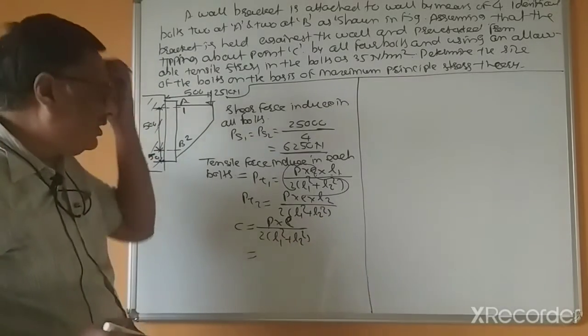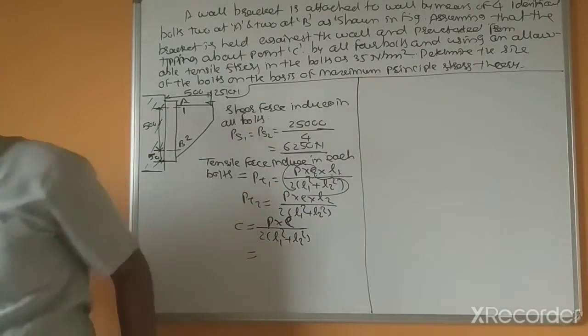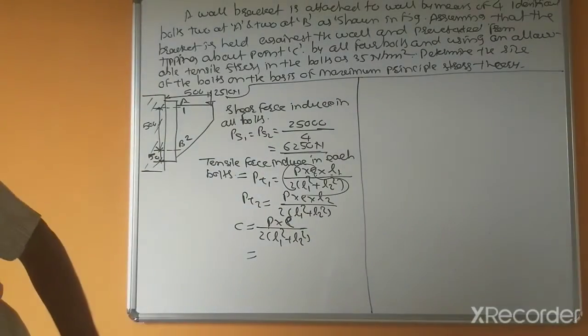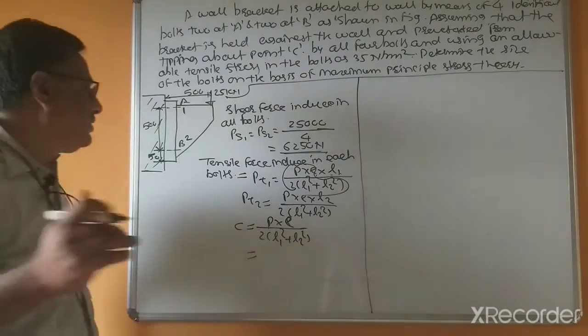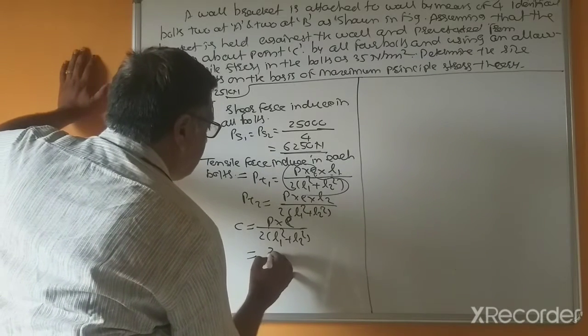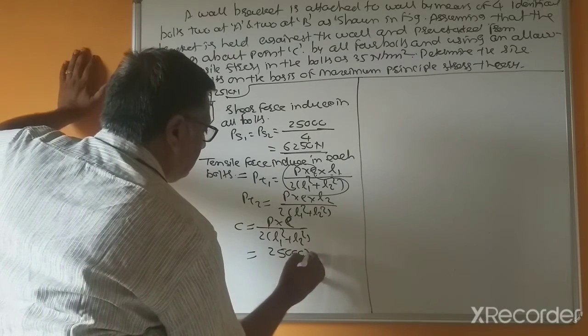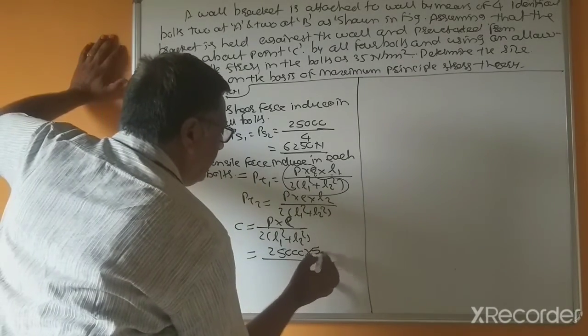So first we'll calculate this P, and this is equal to 25,000, multiplied by E equal to 500.